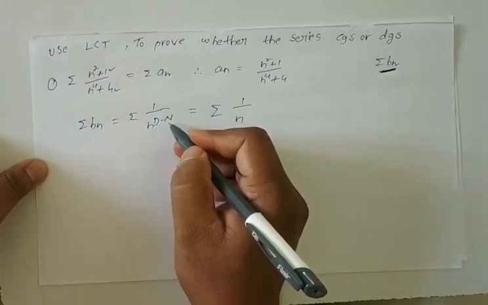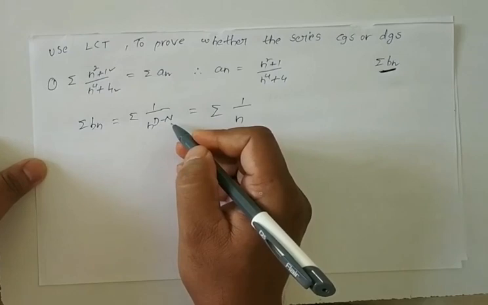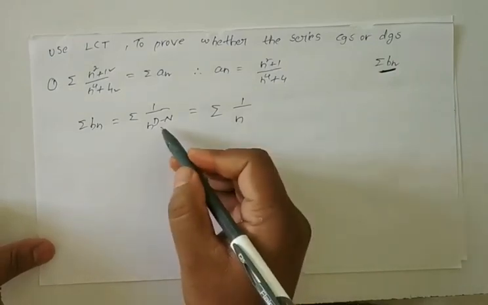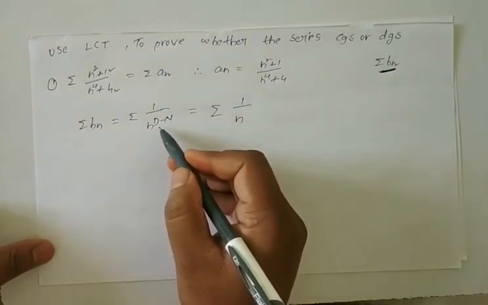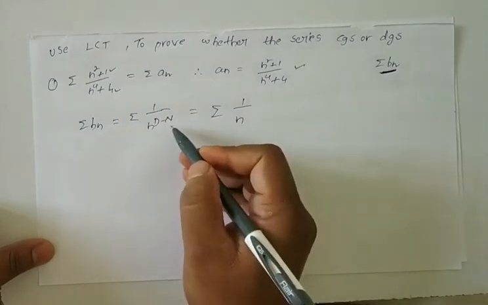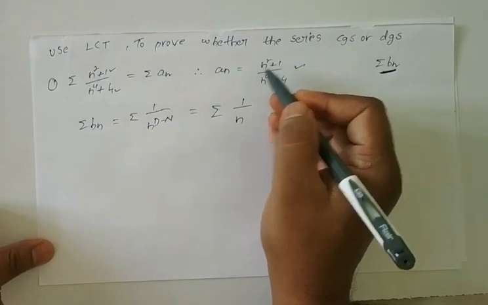And what is capital N? The highest power of the numerator in the series summation An.